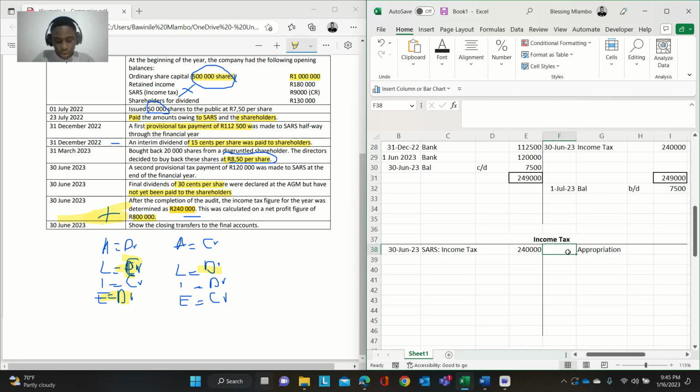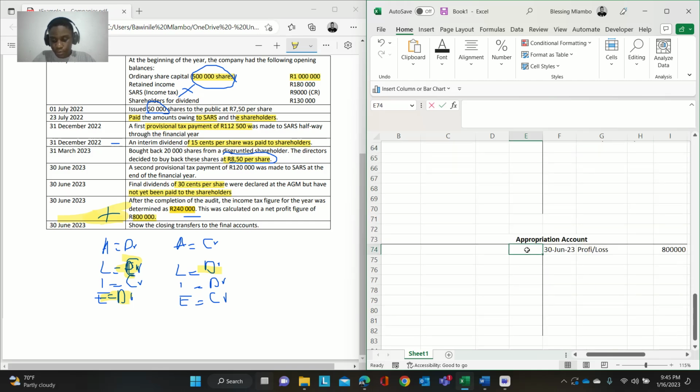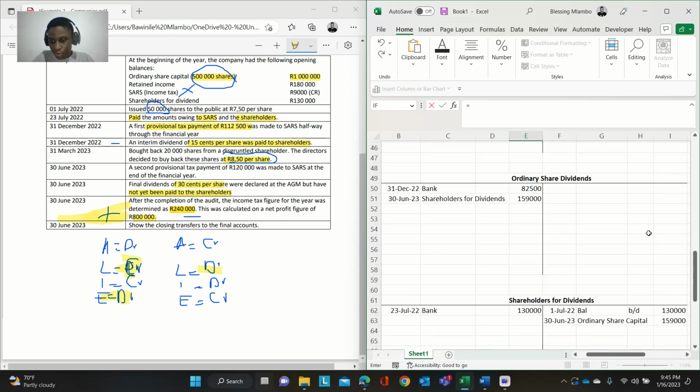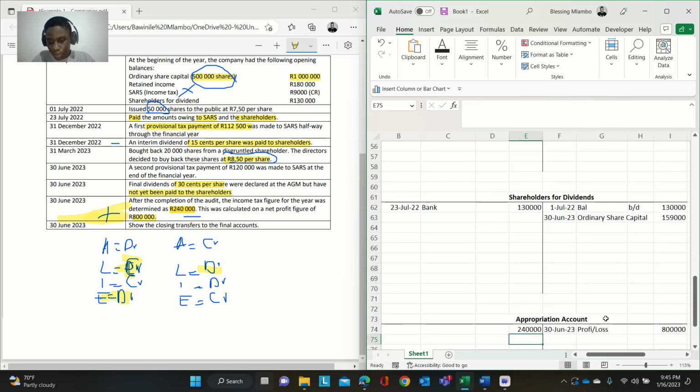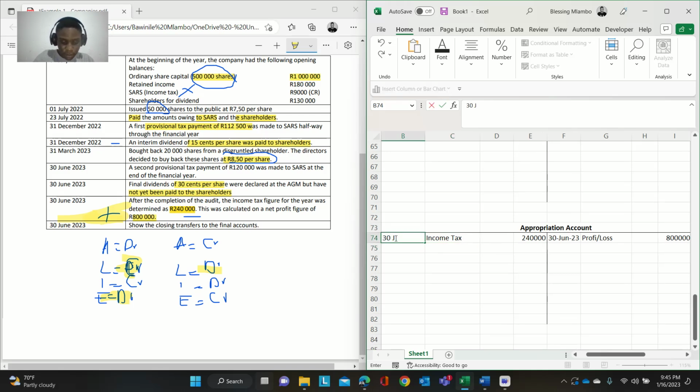So when we close it off at the end of the year, we credit this account, meaning that we're going to take everything out of this account, and this account will be left with a balance of 0. And we take this to the debit side of the appropriation account. So this 240 goes to the debit side of the appropriation account, and this is the 30th of June 2023.